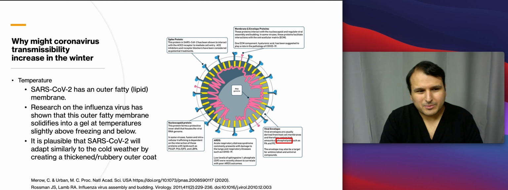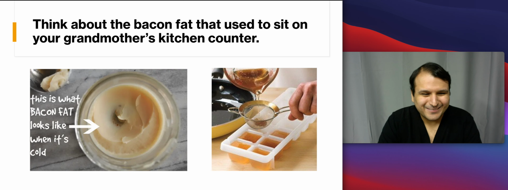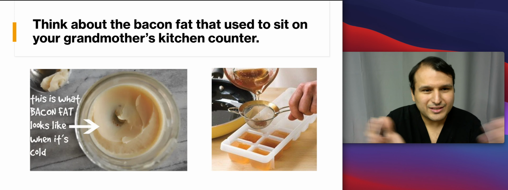To put this into perspective, the biggest thing I remember from when I was younger is my grandmother having a little bottle of bacon fat sitting on the counter, and it would change consistency as the day progressed or in different seasons.